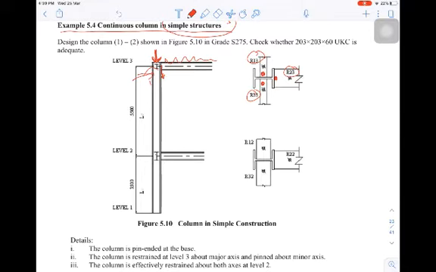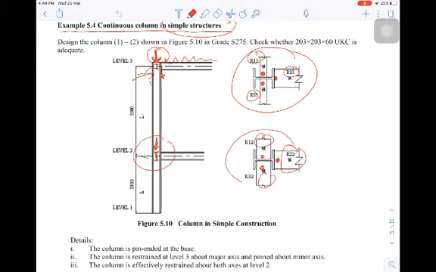Similarly at level 2, there is also an axial load here, here, and here, which comes from the reaction of the beams. The load from this arrangement and the load from level 2 will be the total load carried by the lower column.